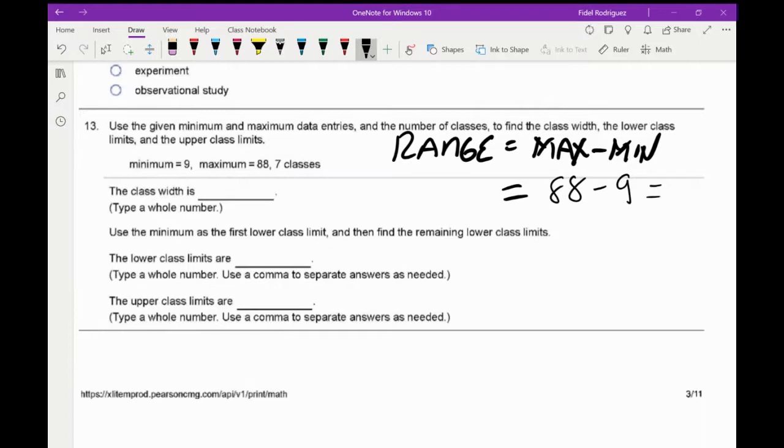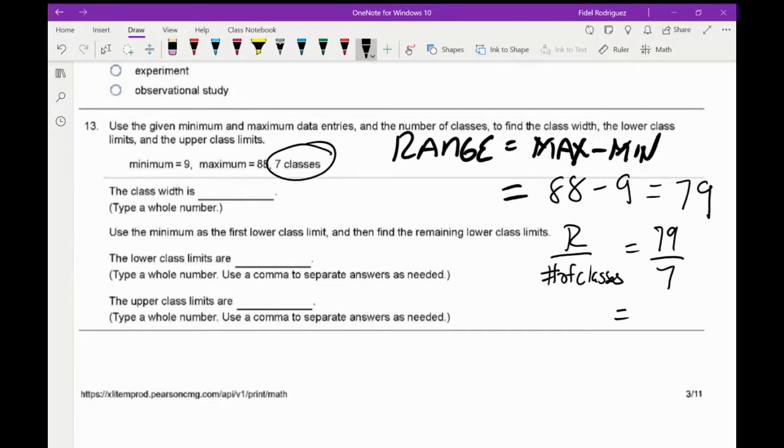So 88 minus 9 should be 79. Now we're going to take the range and divide it by the number of classes. So I'm going to take 79, and we have 7 classes.